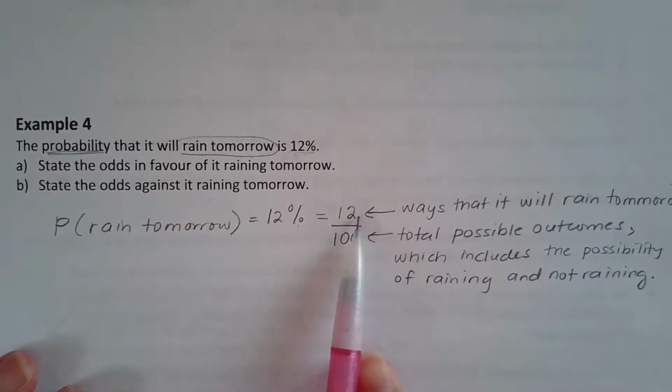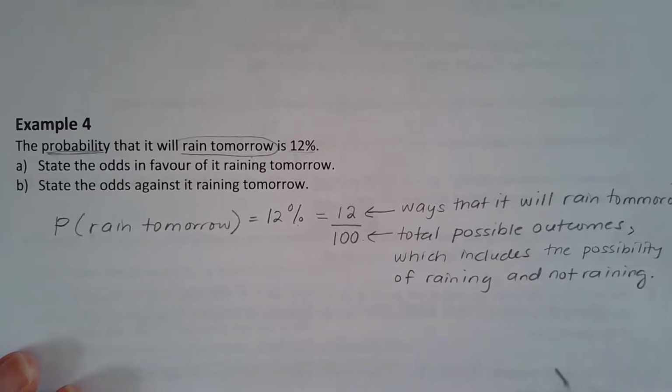if there's 12% chance that it's going to rain tomorrow, well, how many ways can it not be raining tomorrow?